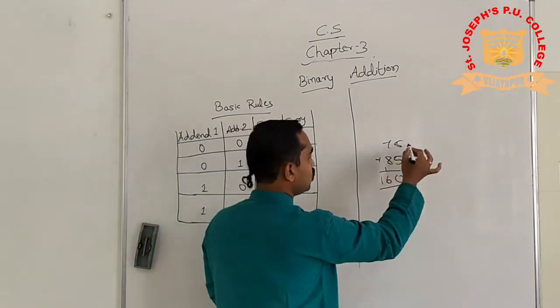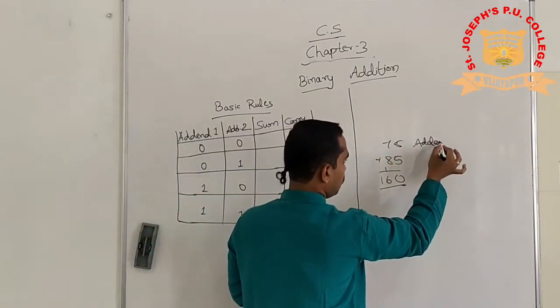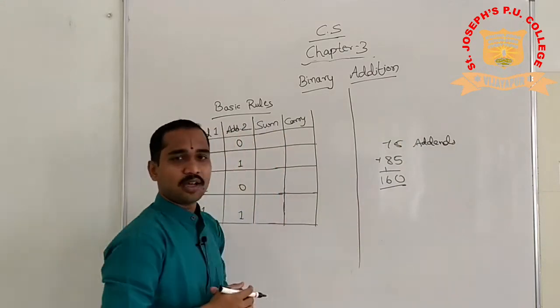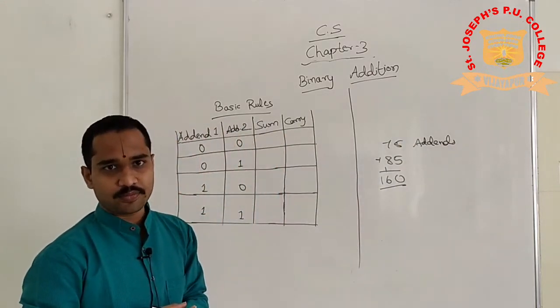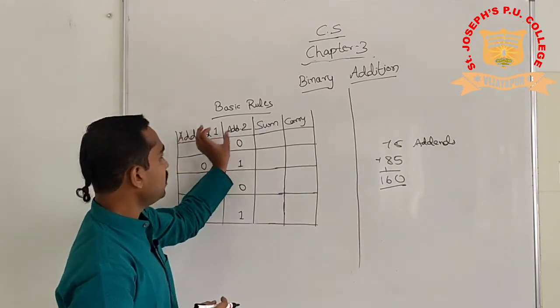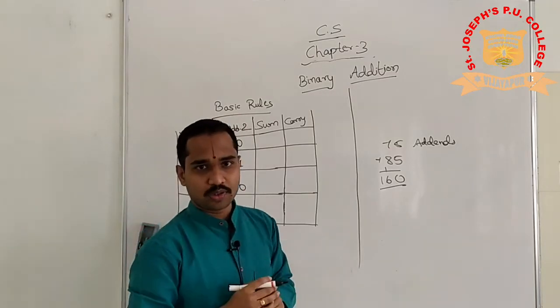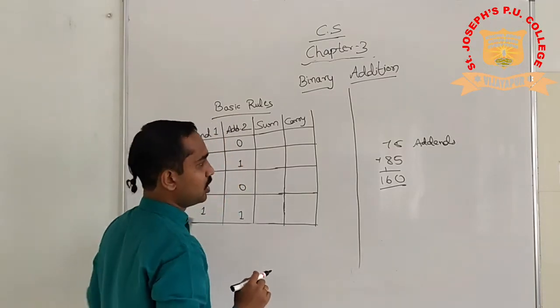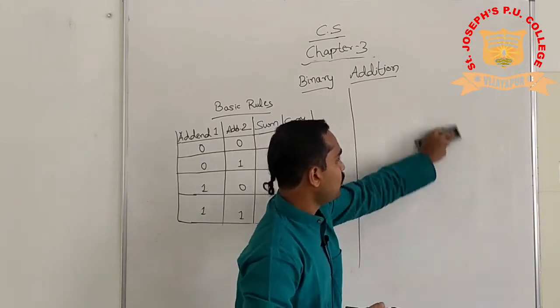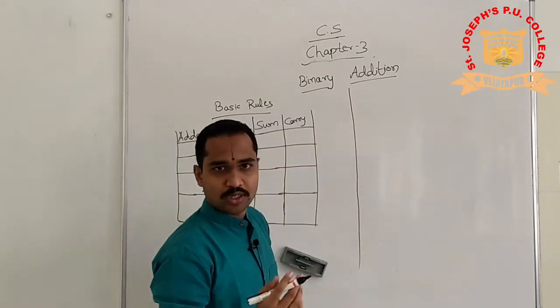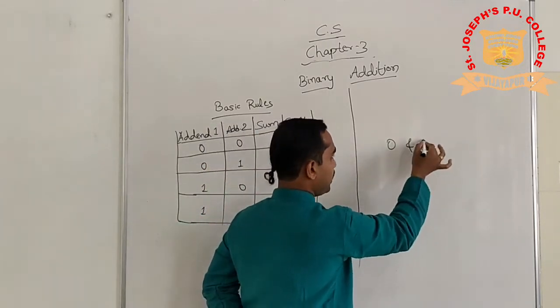What are these two called? The numbers which you add are called addends. So there will be addend 1 and addend 2, correct? Now in binary, how many digits are there? Only two digits, 0 and 1.